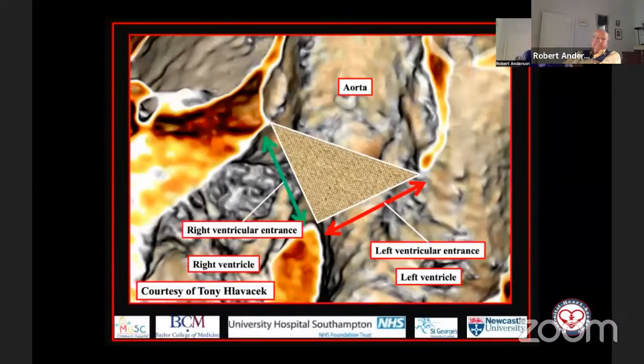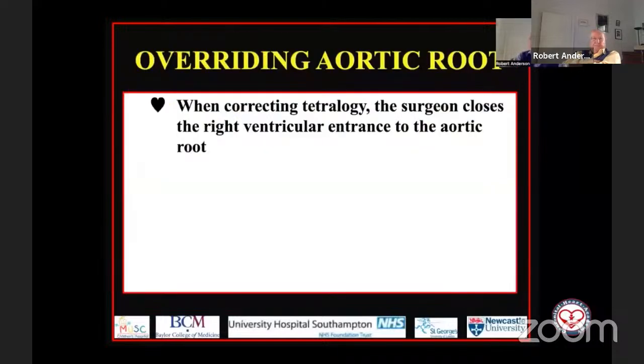But it also has the right ventricular entrance, and this is equivalent to the tertiary interventricular communication, and this, of course, is the space that will be closed by the surgeon. So when the surgeon is closing or correcting tetralogy of Fallot, he or she places a patch within the right ventricle so as to close off the aorto-right ventricular communication.